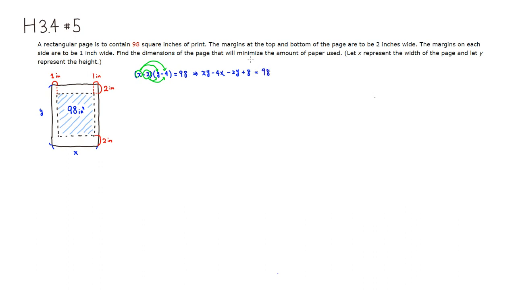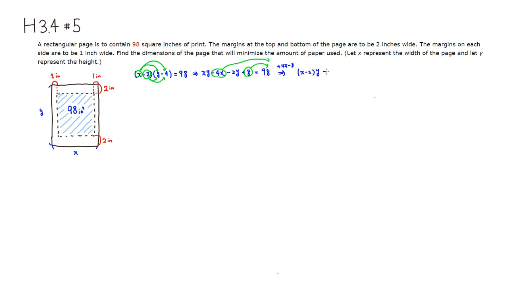Right? So I'm going to solve this equation for y. So I'm going to move the 8 over to the other side, and also move the negative 4x over to the other side. So I have to add 4x and subtract 8. What you get is that the two terms, xy and negative 2y, combine to x minus 2 times y.